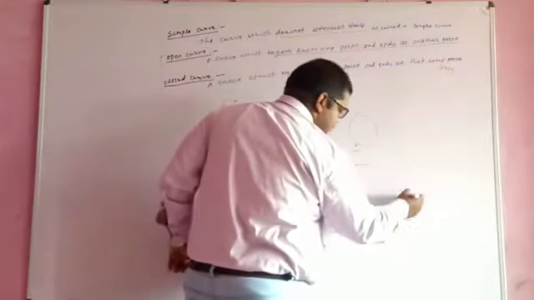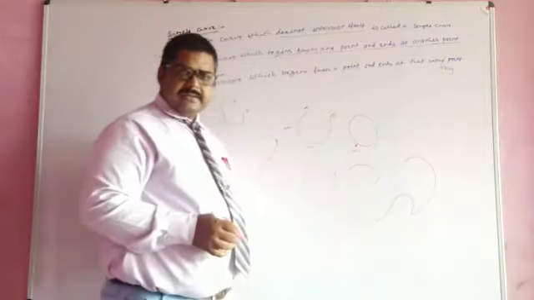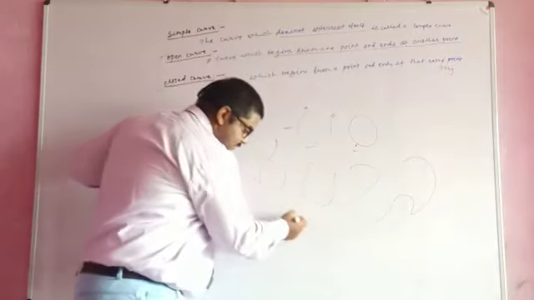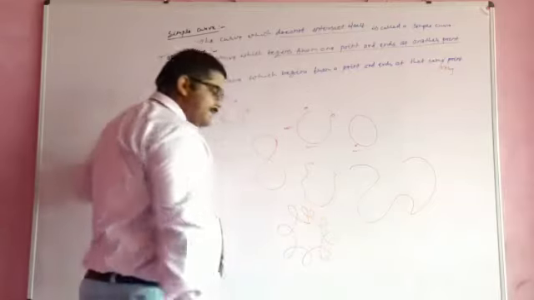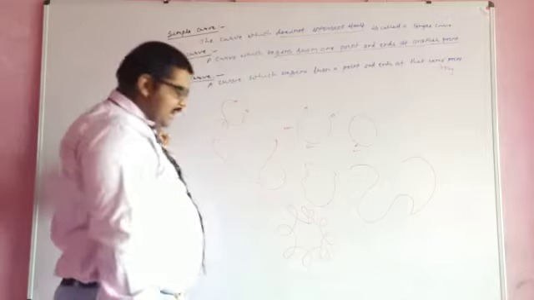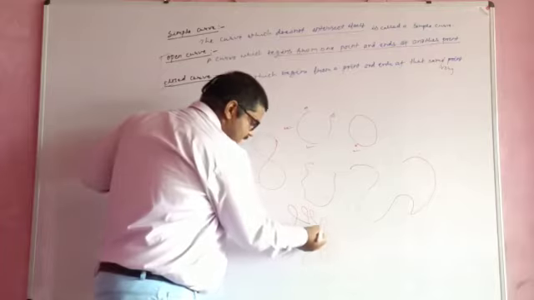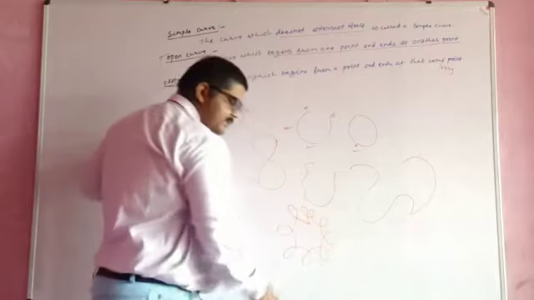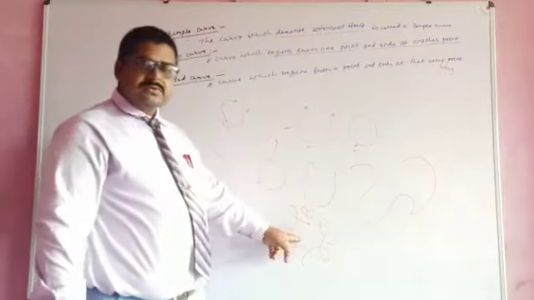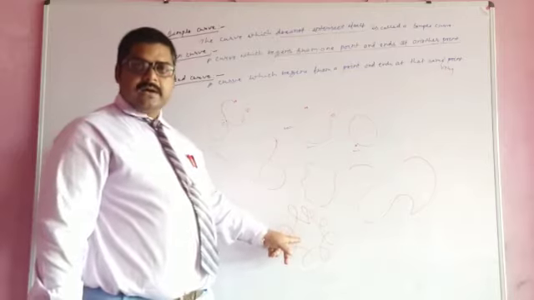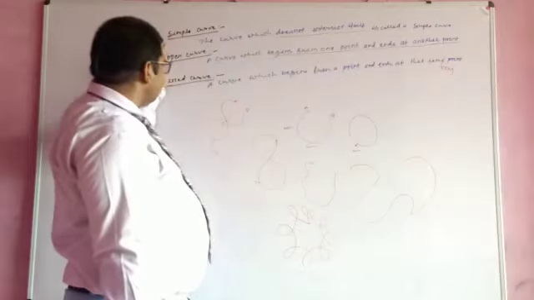This one is also a simple curve because it does not intersect at any point. Suppose you have drawn such a type of figure, you can see that it intersects at various distinct points here. So this figure cannot be considered a simple curve. Hope you have understood simple curve, open curve and closed curve.